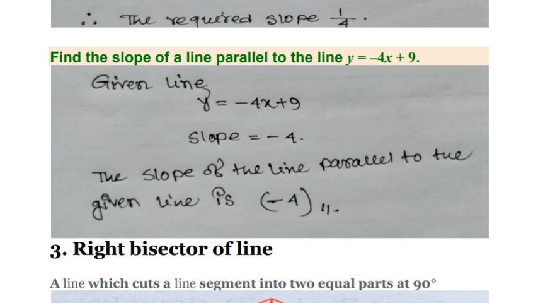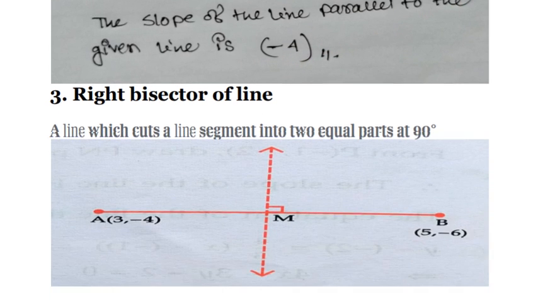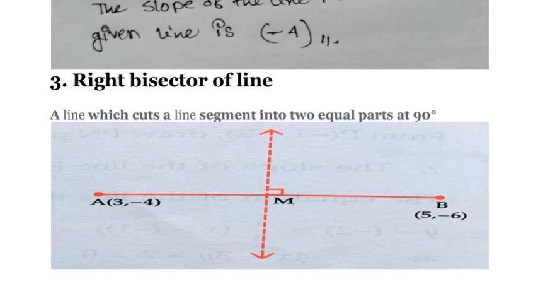Okay. Now another one is the right bisector. Right bisector of a line. Right bisector means, right here means they're considering a perpendicular. Right bisector means it perpendicularly bisects.